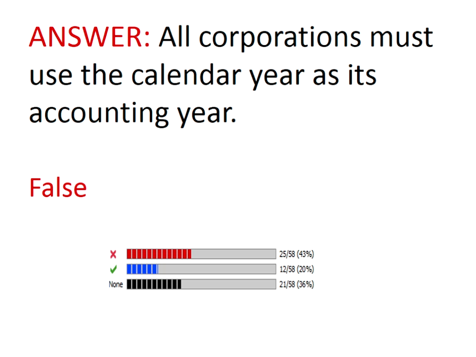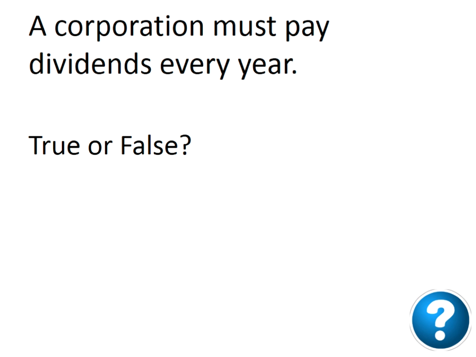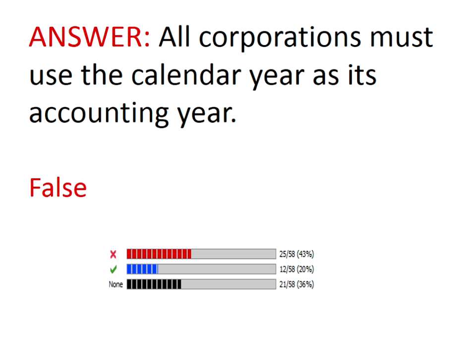Some corporations use a 52-week year, so it ends on like February 1st or February 8th or something. You can pick what you do, but then you stick with it. Once Kent State made that choice many, many decades ago to go with July 1st to June 30th, they stick with it. They don't change.